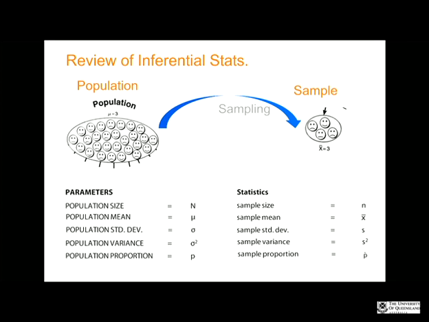These ones over here are talking about the broader population, and then the statistics, we call them parameters. These ones here, statistics, are what we get from our sample.